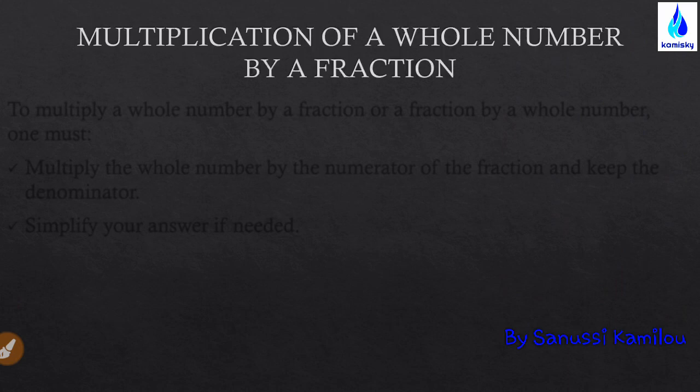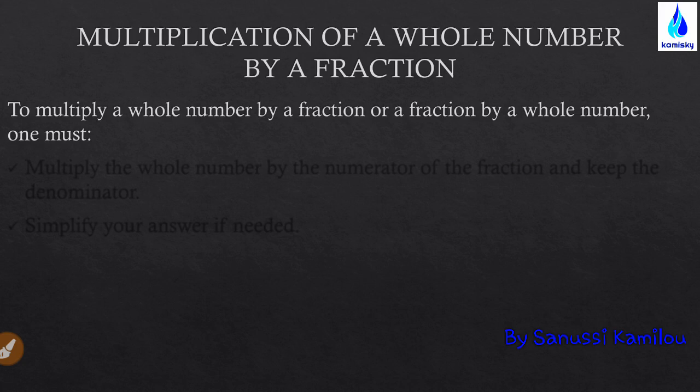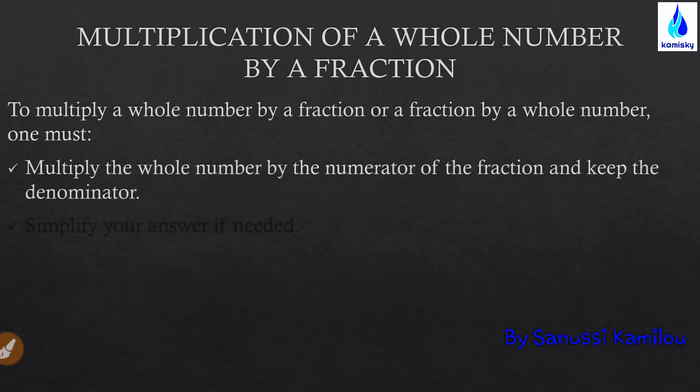Look at the first thing we are going to do. We are going to multiply a whole number by a fraction. To multiply a whole number by a fraction or a fraction by a whole number, one must multiply the whole number by the numerator of the fraction and keep the denominator.